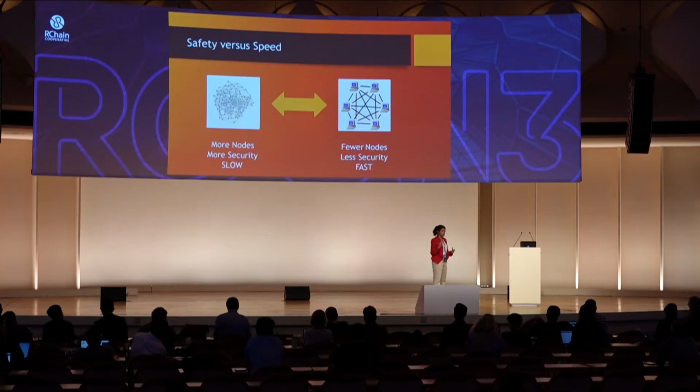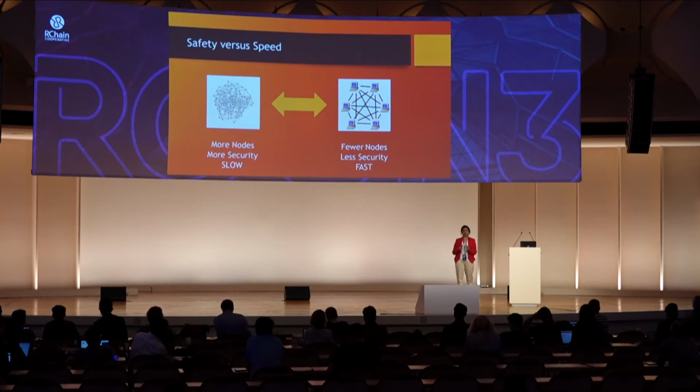So you have great speeds with Visa today, but guess what? You have one validator, it's Visa. So our goal is to try to really get to Visa-level transactions, but still have more security than Visa in that you're going to have more than one validating node. It goes without saying.